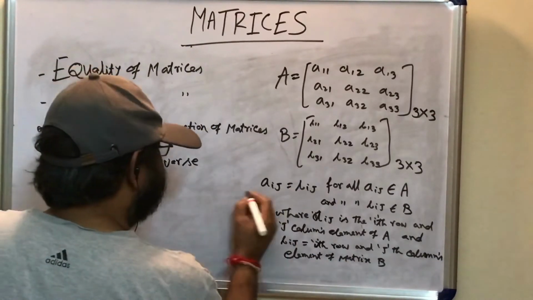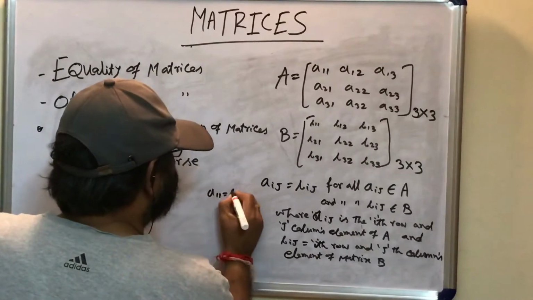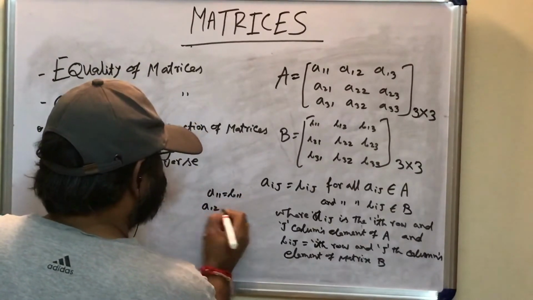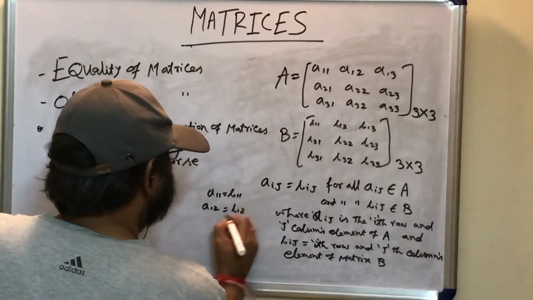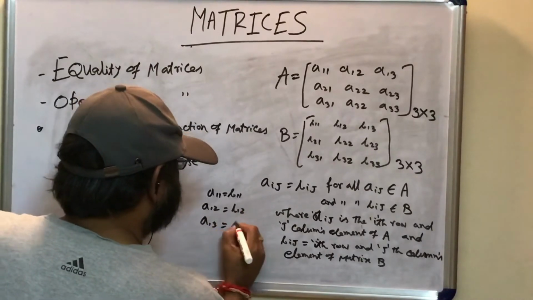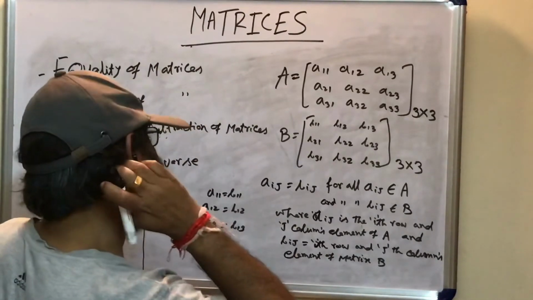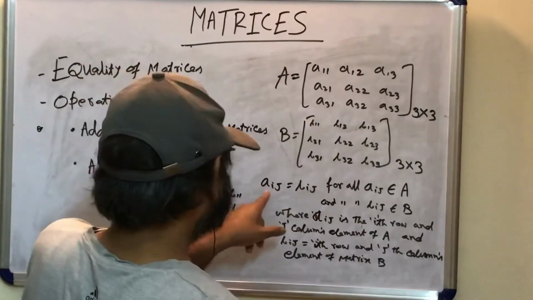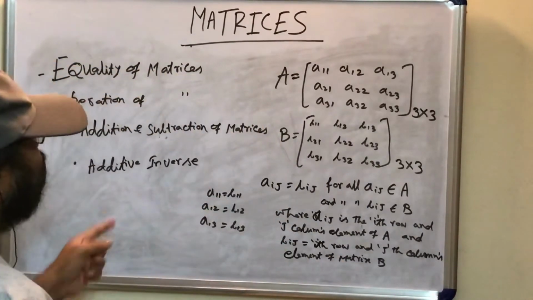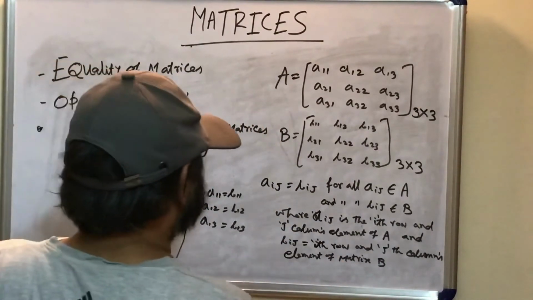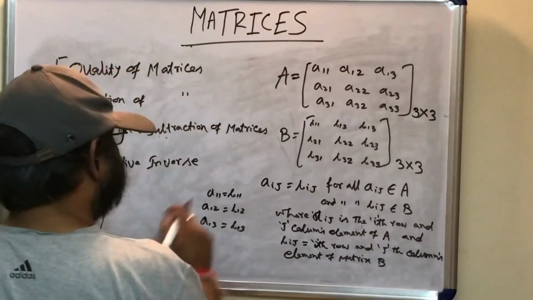What does it mean? It means A11 equals B11, A12 equals B12, A13 equals B13. I have represented the element by Aij, meaning the ith row and jth column element. What is A11?